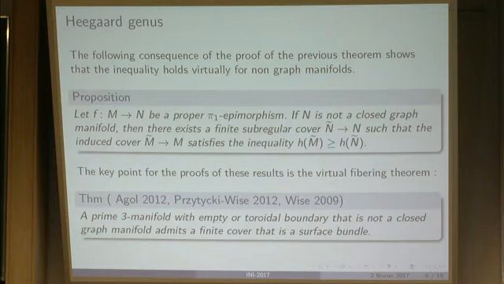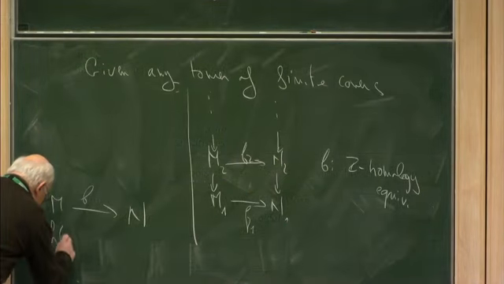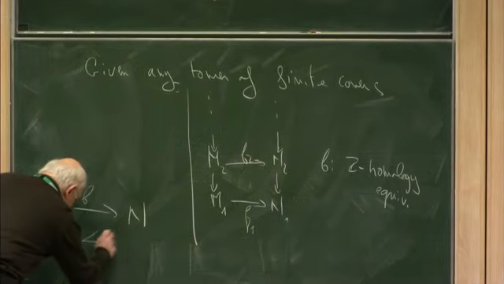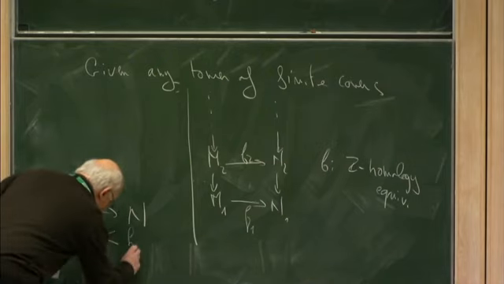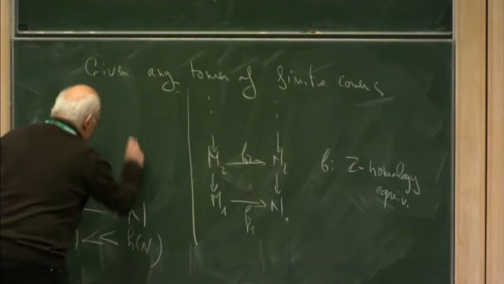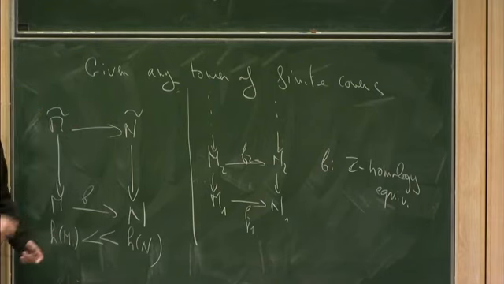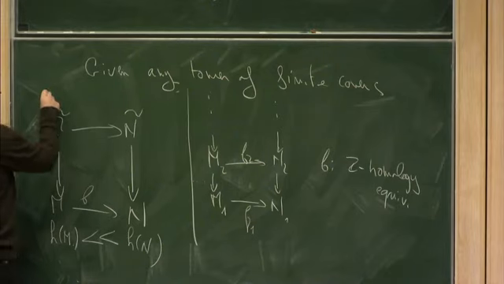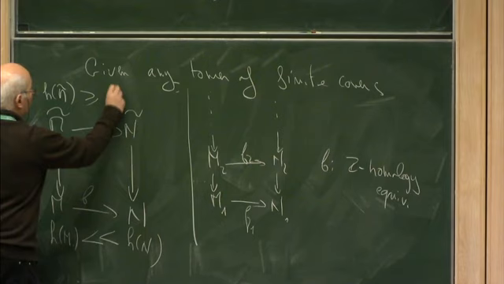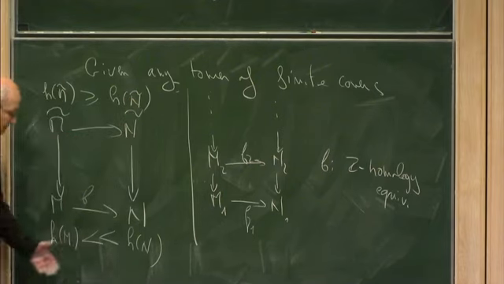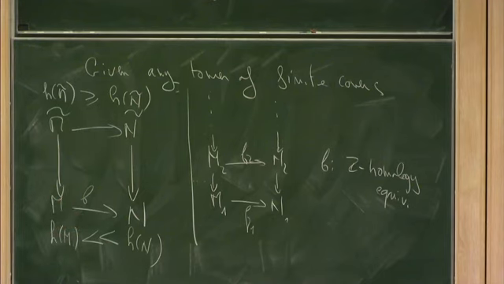So it means that in some sense you take your example where here you have this F, and the Heegaard genus of M is largely smaller than the Heegaard genus of N. But going to some finite cover induced by the same group in some sense, then the Heegaard genus of M will be bigger. So it shows that the behavior of the Heegaard genus under finite covers may be tricky in some sense, and really depends on the manifold.